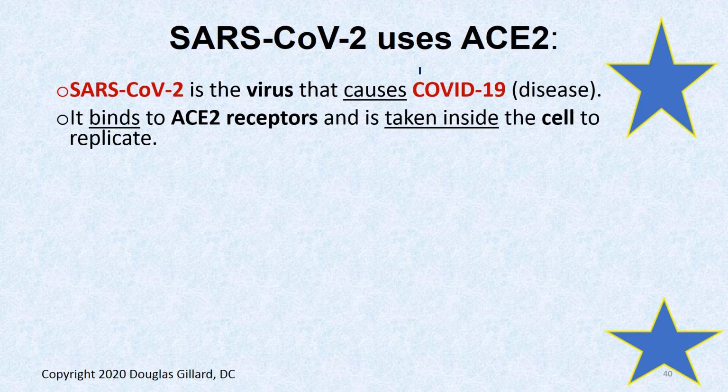Once SARS-CoV-2 binds to ACE2, it is taken inside the cell, and then the virus replicates like crazy. It's an RNA virus. I'll let Dr. Doe get into that more. But there's a problem here. Anybody see a problem?